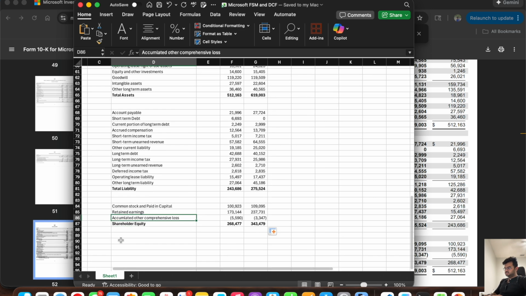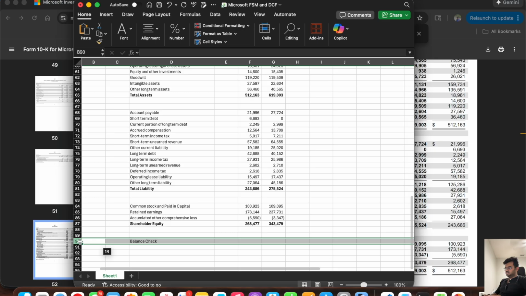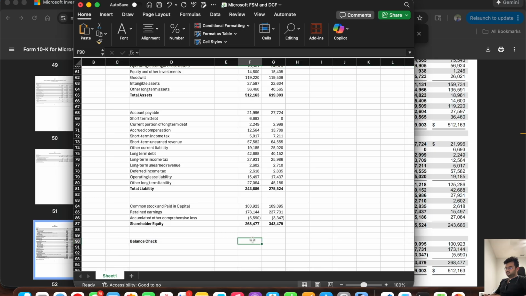For that, I will add one line item as balance check, where assets should be equal to the sum of liabilities plus shareholder equity, or if I rearrange it, the difference of these three things should be equal to 0.